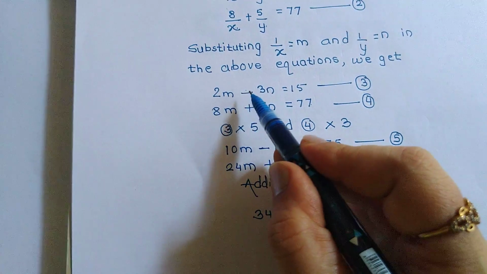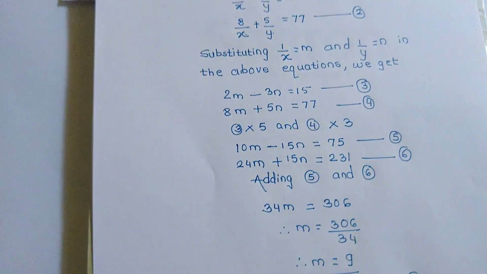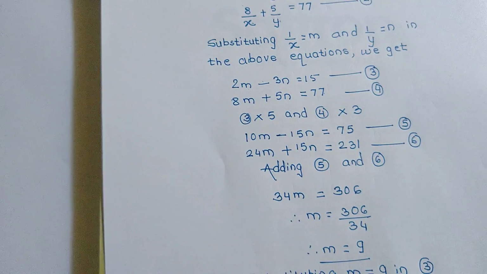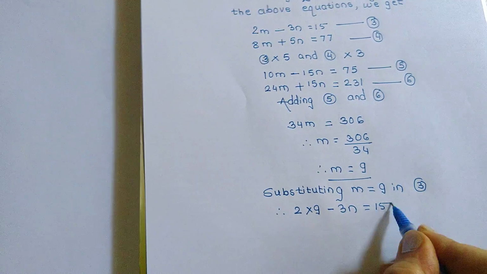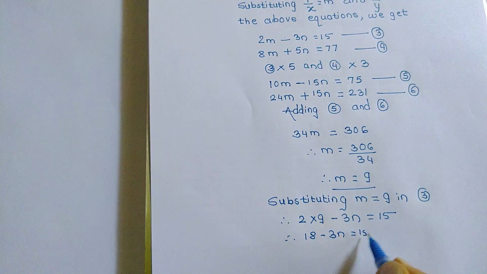Equation 3 is 2m minus 3n equal to 15. Now in place of m, we are going to write 9. So therefore 2 into 9 minus 3n is equal to 15. So therefore 18 minus 3n is 15.